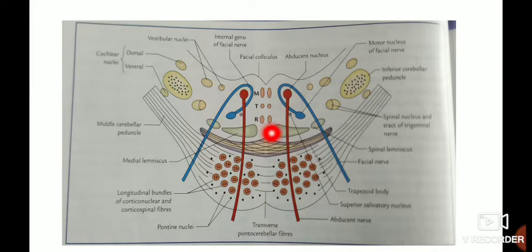Among the white matter, we have the trapezoid body, just dorsal to the basilar part of the pons, and this is because of the decussation of transversely running fibers arising from the cochlear nucleus. Then we have the medial lemniscus, spinal lemniscus, medial longitudinal bundle, tectospinal and rubrospinal tracts. These are the structures you will find at the level of the facial colliculus.